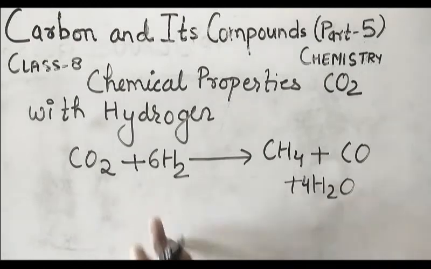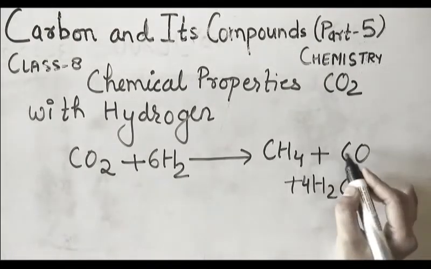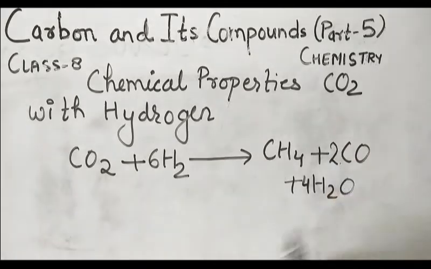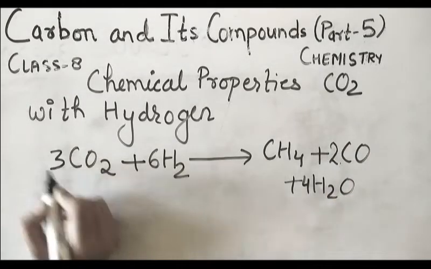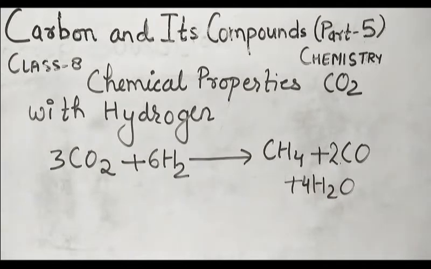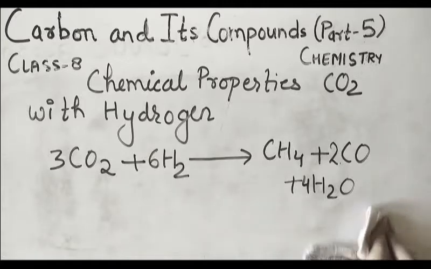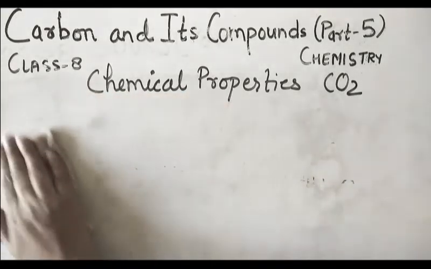Now 6 is done. Now carbon monoxide, it will be here 2 and here 3. That means now 3 CO2 and 6 H2 react to give CH4, 2 CO and 4 H2O. Okay, so this is the reaction of carbon dioxide with hydrogen.